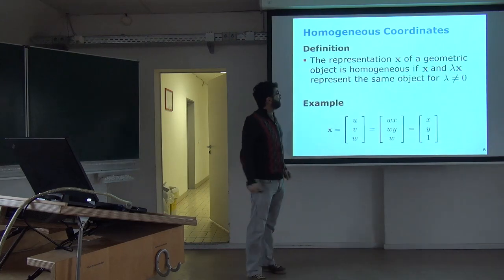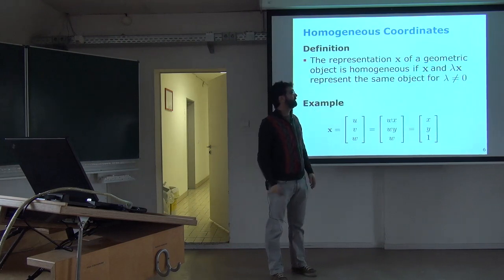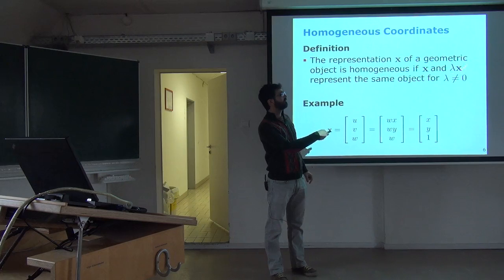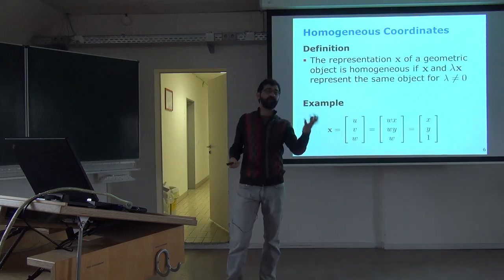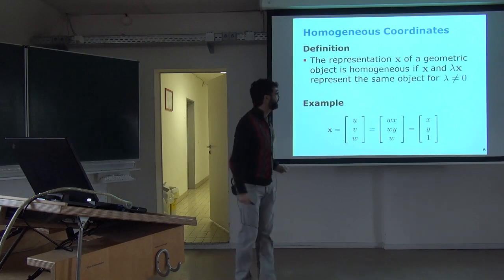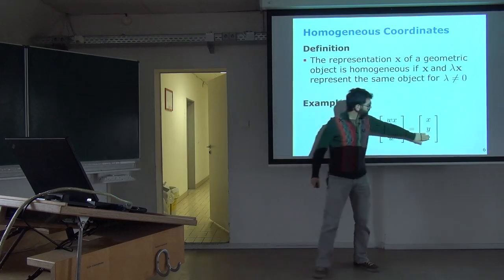Mathematically, it's something defined like this. The whole concept of homogeneous means that if you have a point x, and then you take a scalar and multiply x by this scalar, they represent the same point in the space you're considering. Now, imagine that this is our x, and our x will be just something like this.